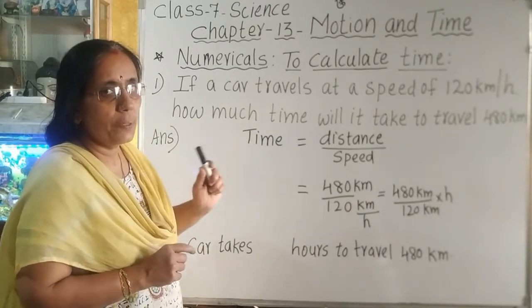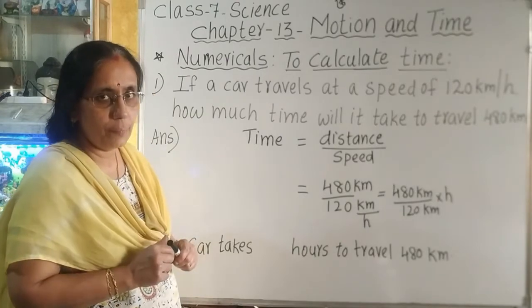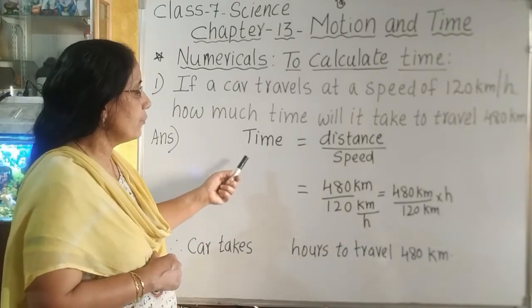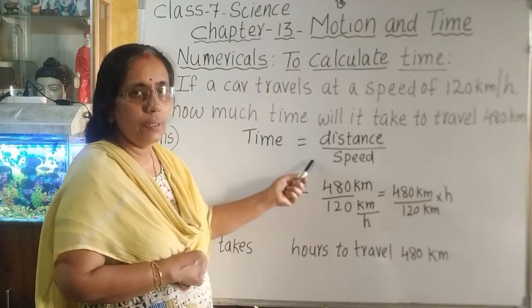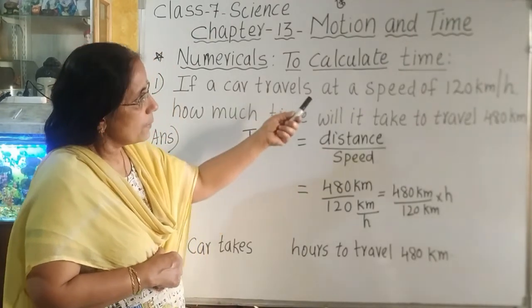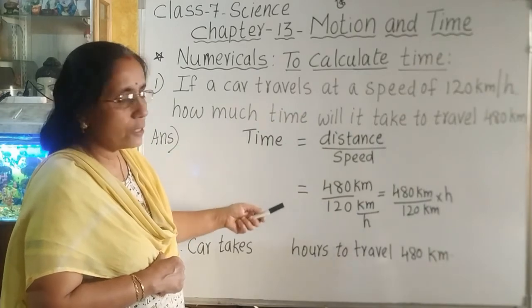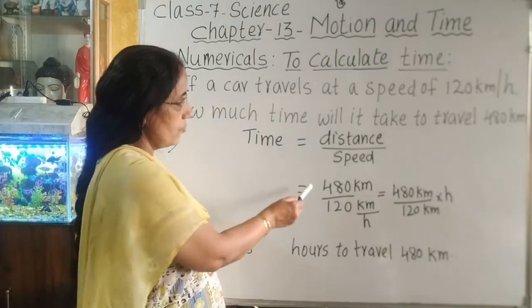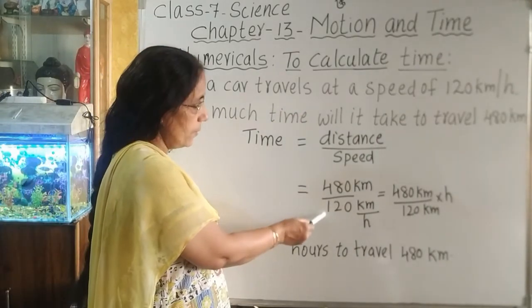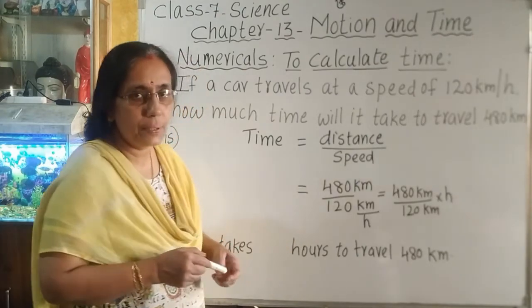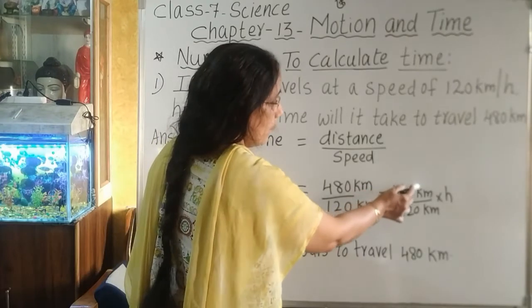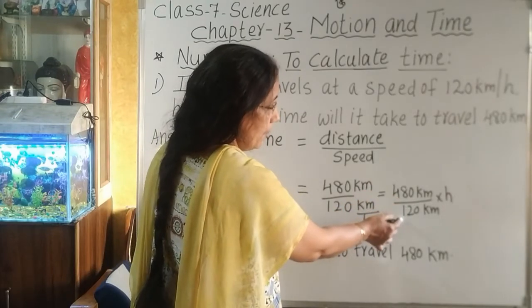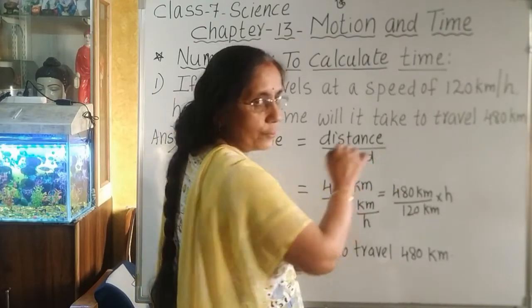And you know, speed is equal to distance upon time. From that, we get the formula to find the time as time is equal to distance upon speed. Substitute the value of distance and speed. The distance is 480 km and the speed is 120 km per hour. So this we can rewrite as 480 upon 120 and this hour will go in the numerator.